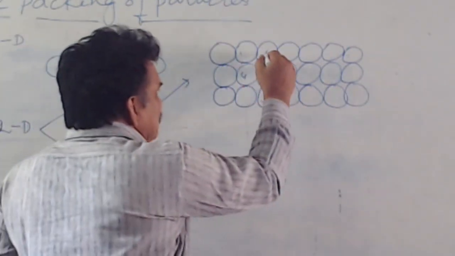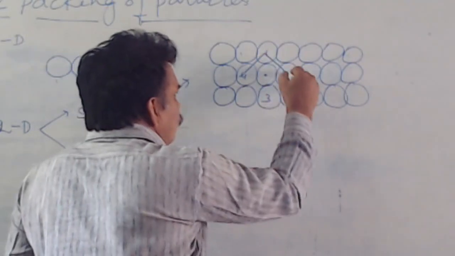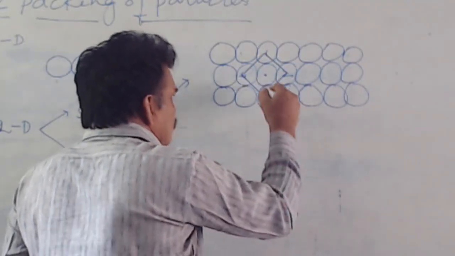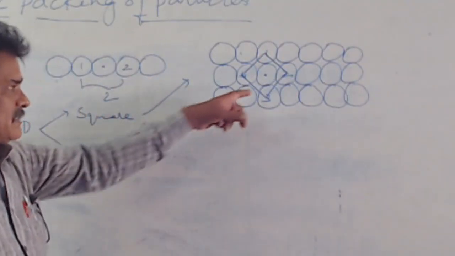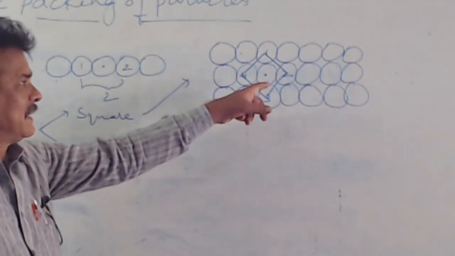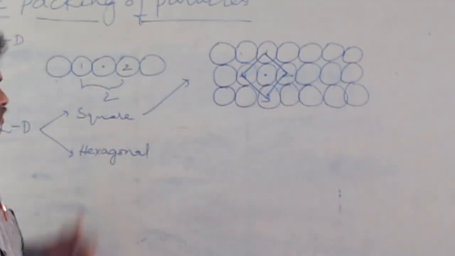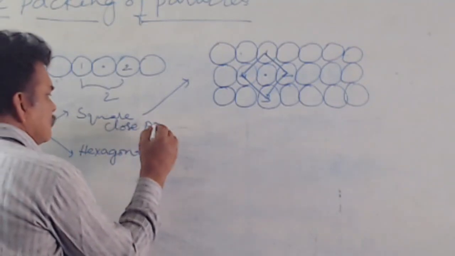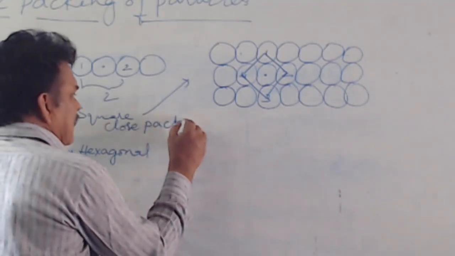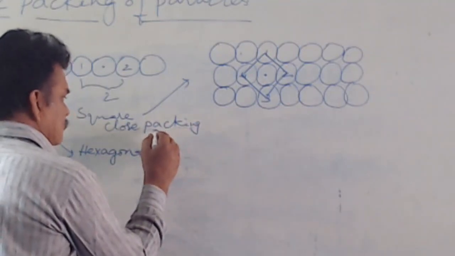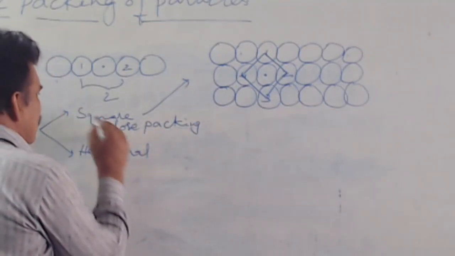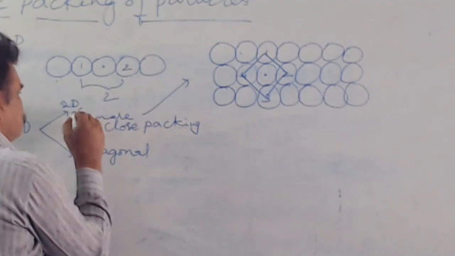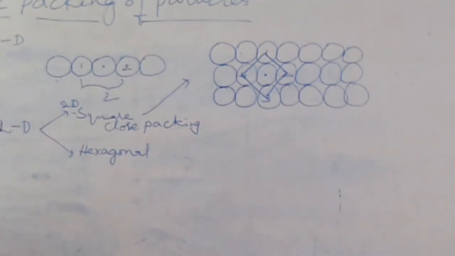If we join the centers of the 4 particles, we will get a square. So this is called 2D square close packing.